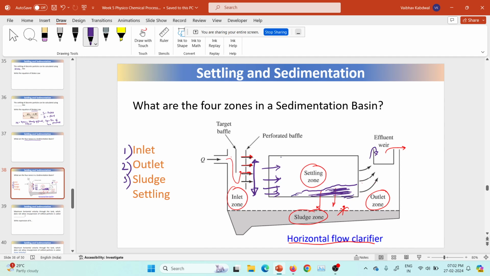We designed for this much height, but we will not get it. That's why we provide this sludge zone. The settling zone is dedicated to settling, and the sludge zone accommodates the sludge produced during sedimentation. So these are the four zones in a sedimentation basin.